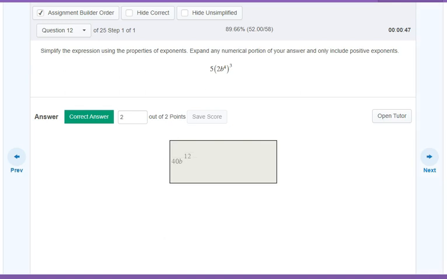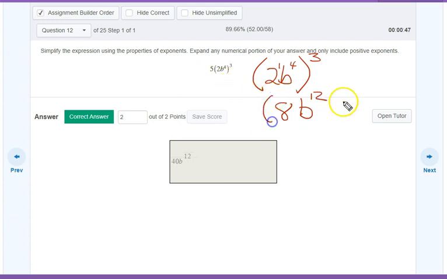Now here, what do you do first? Well, you're going to raise the 2b to the 4th to the third power. You do this first. So keep in mind there's a 1 there. 2 to the third is 8. b to the 4th to the third power we're multiplying is going to be b to the 12th.